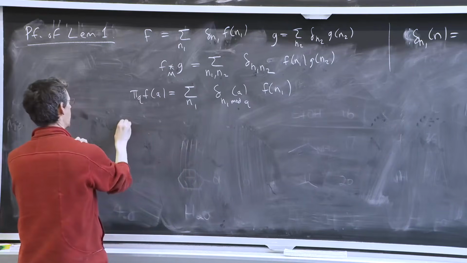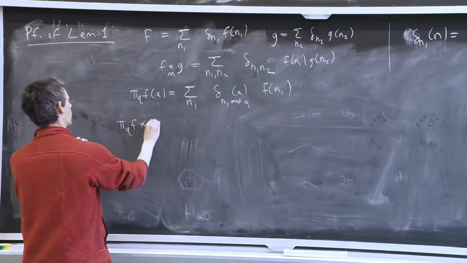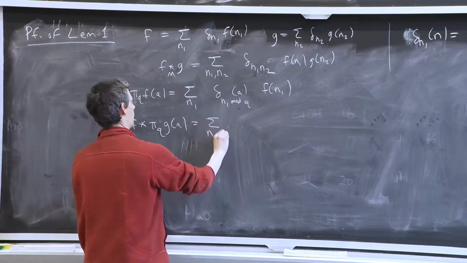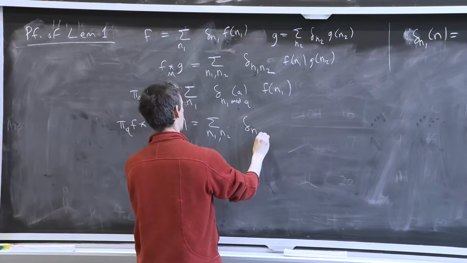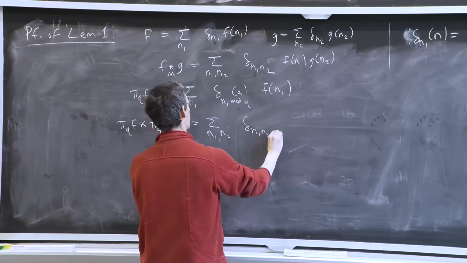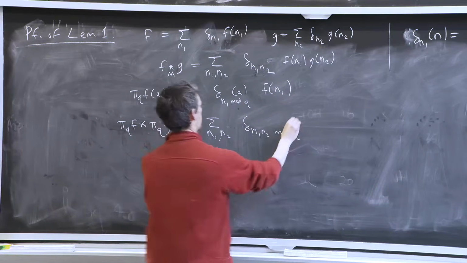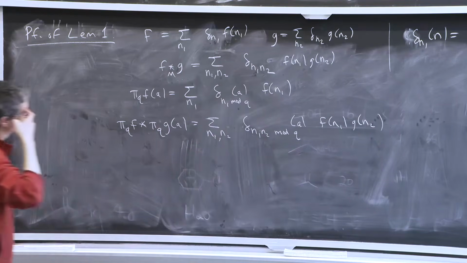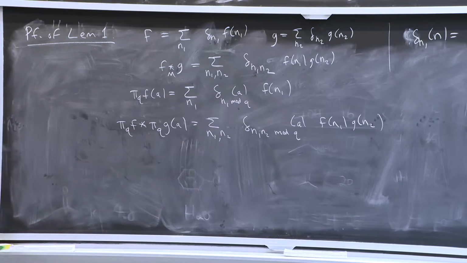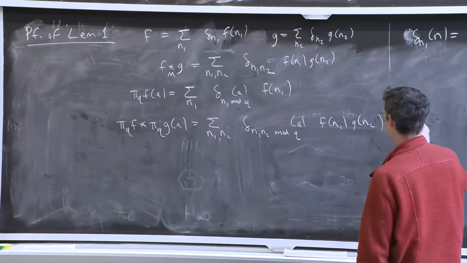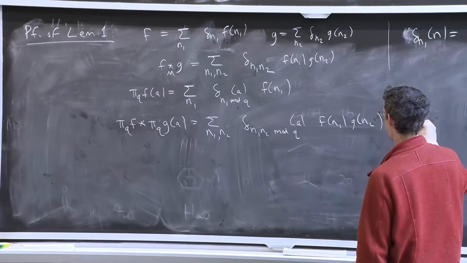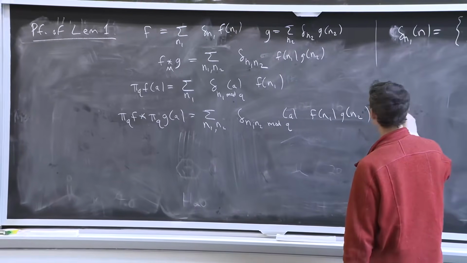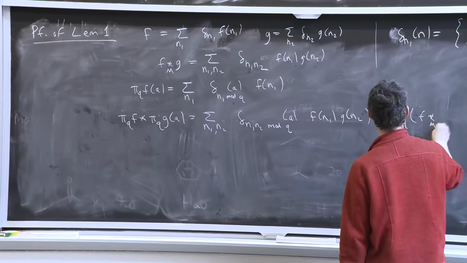OK, so now if I take the projection of f convolved with the projection of g at a, it's the sum over n1 and n2 of the delta function at n1 times n2 mod q of a, f of n1, g of n2. And that's the same as pi q of f convolved with g.